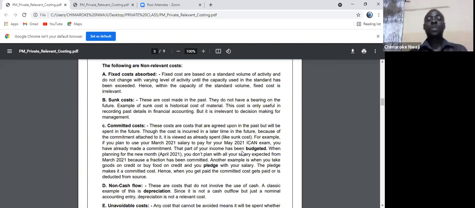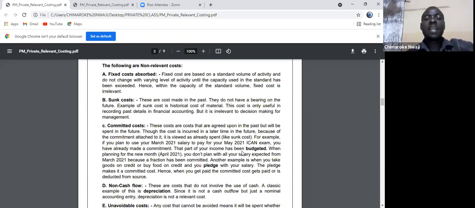For example, if you plan to use your September salary to pay for your examination, which is coming up in November, you use your September salary to pay it in October, and now we are in July. We are not yet in September, but you've budgeted that that is what you will use. So you've committed that part of your salary for examination.